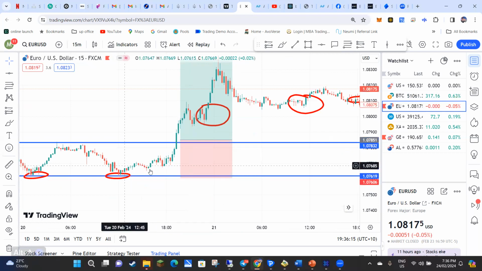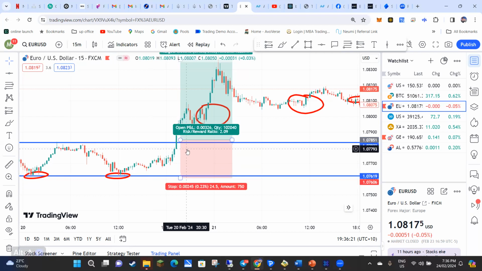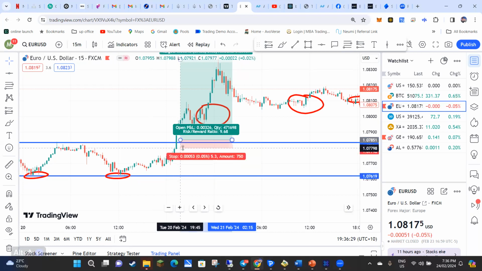The reason, and this is the same reason for any stop loss, you don't put a stop loss somewhere just because you want it to be there. Or maybe I wanted a much better risk to reward. So if I put my stop loss there, I've got a 9-to-1 risk to reward. Okay, so that sounds a lot better, but you can't just put the stop loss anywhere you want. It needs to go where it needs to go.